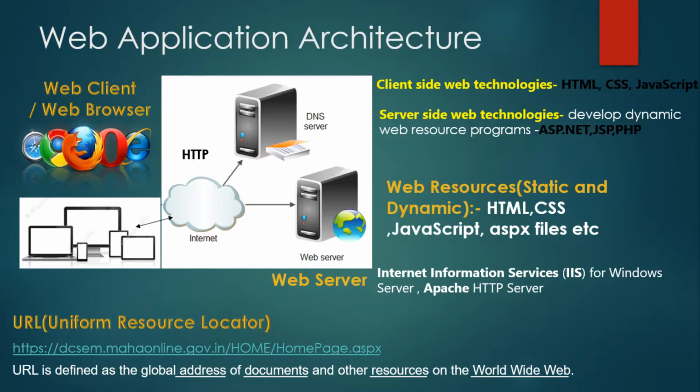For example, Microsoft has its own web server called the IIS server. That is a Windows server, and IIS stands for Internet Information Services. Then JSP and PHP use another server, the Apache HTTP server. They also deploy the web application there.